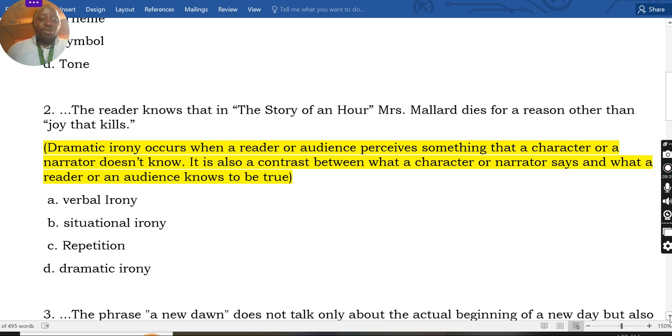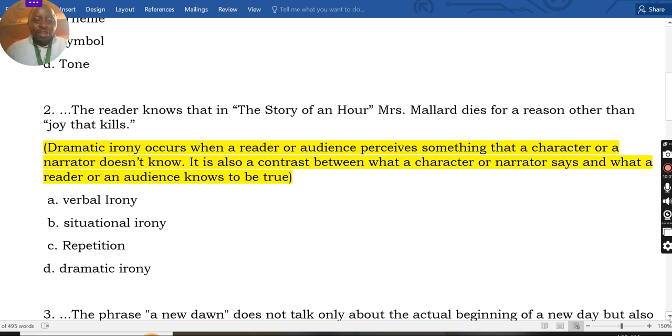Dramatic irony occurs when a reader or audience perceives something that a character or a narrator doesn't know. So in fact, dramatic irony is when the audience, the reader, the listeners just know something which the narrator doesn't know.